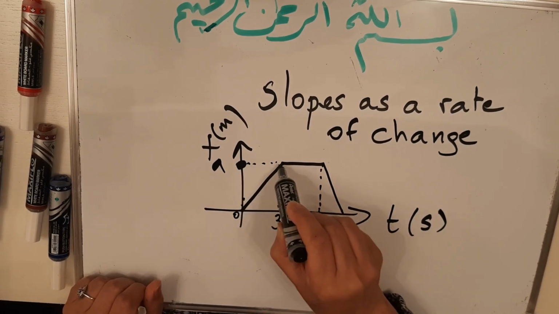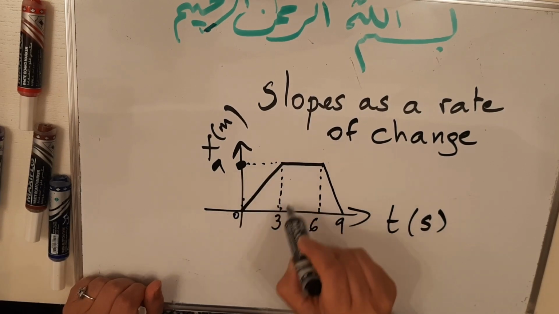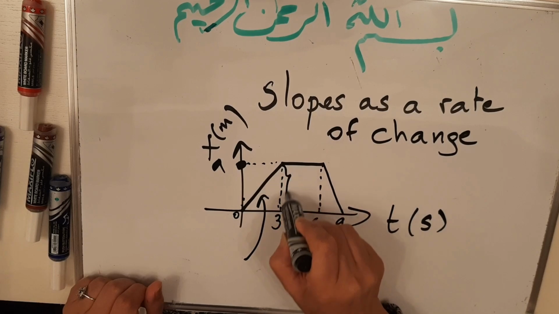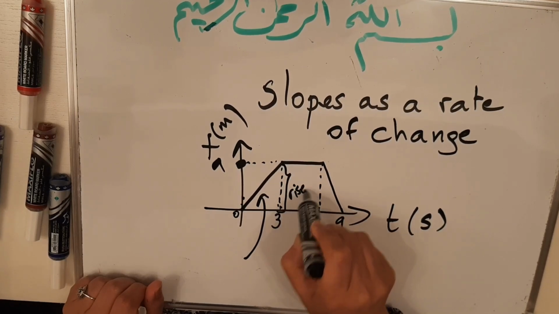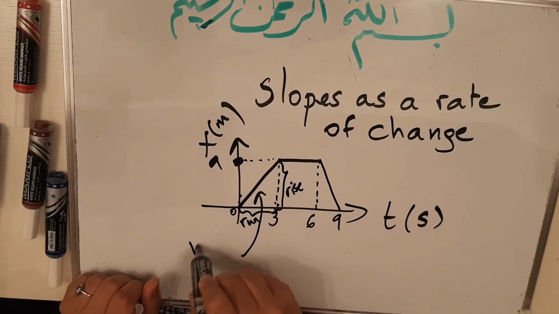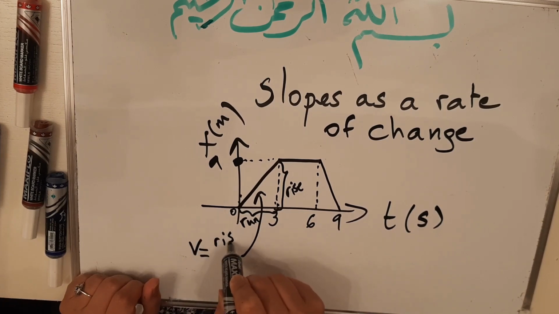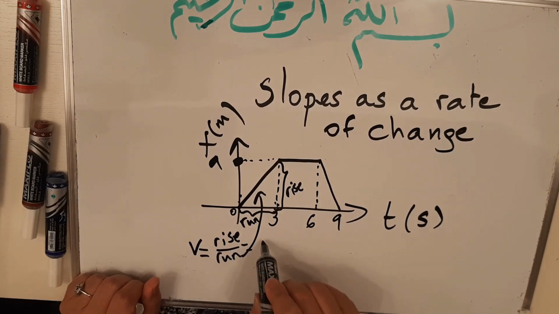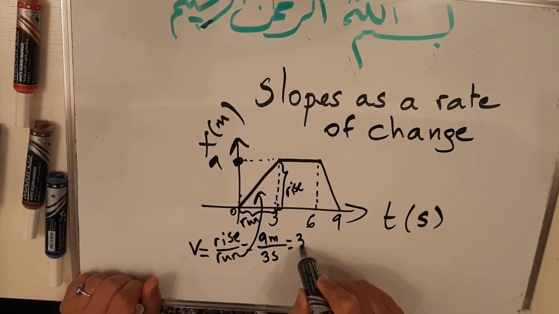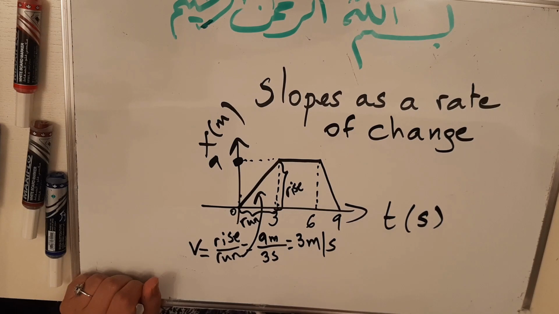So this part here, the slope, is just going to be what? Rise, and then this is the run. So the slope here, or the velocity, is going to be rise over run, and it's just going to be the rise, which is 9 meters, over the run, which is 3 seconds, and then you've got 3 meters per second, and it's positive.